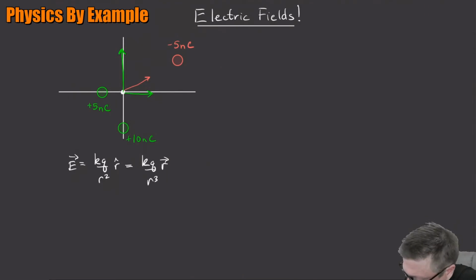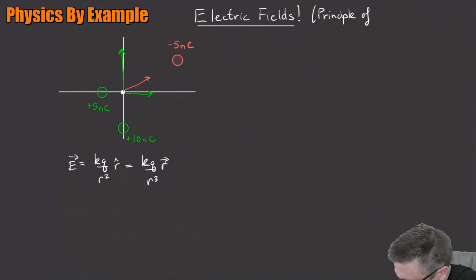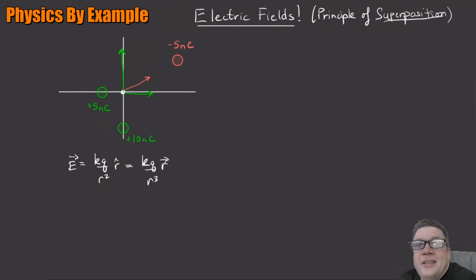This is called the principle of superposition. You're going to see this over and over as you go forward in physics. Superposition just means that at the same position we have multiple fields, and all we do is add them together.